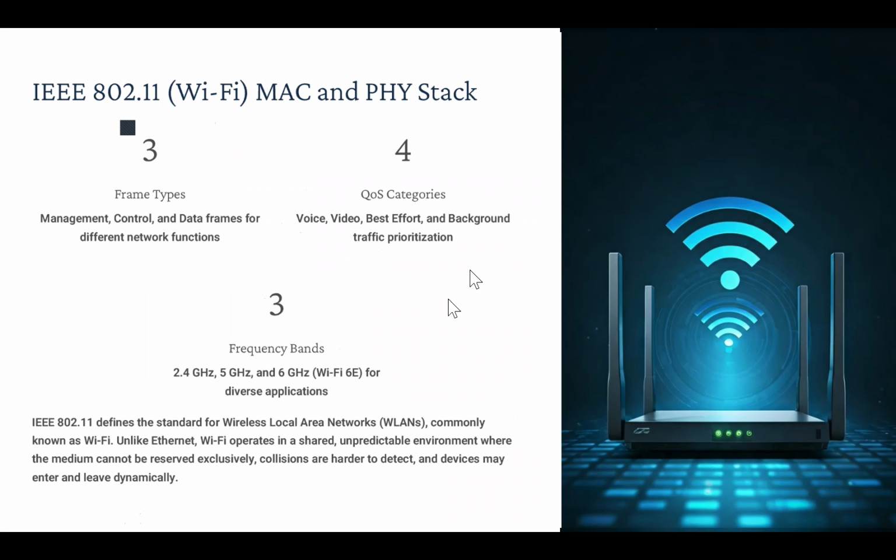Now, when we talk about Wi-Fi, the Wi-Fi frame categories basically include management, control, and data frames. MAC in Wi-Fi uses, as we said, CSMA/CA, and it handles the hidden node issues. Now, the Wi-Fi MAC layer organizes the communication in 3 primary frame types: management frame, control frame, and data frame.